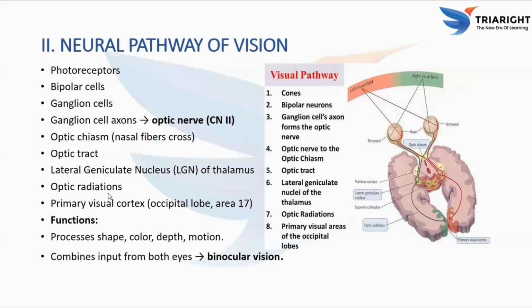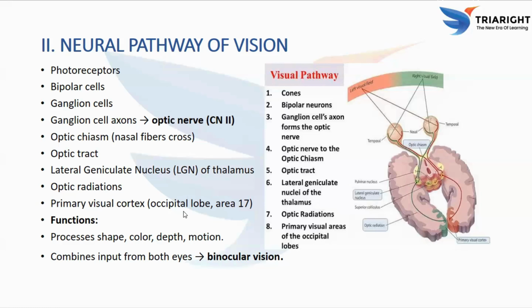And then after the optic radiations, the nerve fibers traveling from the LGN reach the primary visual cortex, which has two parts. The first part is the upper fibers, which pass through the parietal lobe and lead to the superior retina and inferior visual field. The second part is the lower fibers, which lead to the superior visual field. And then the primary visual cortex.